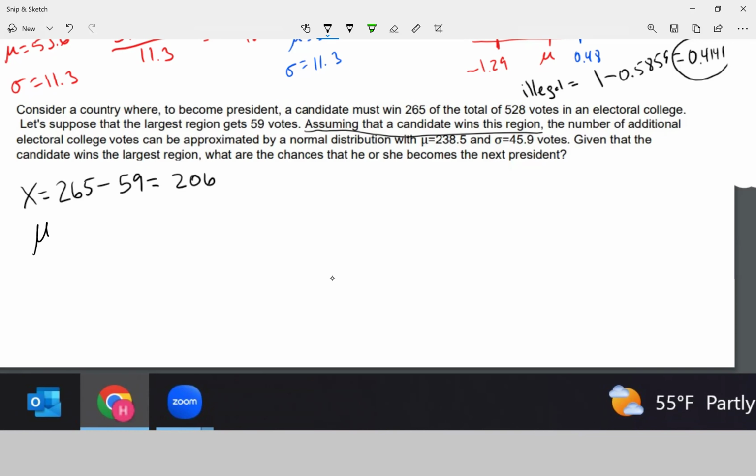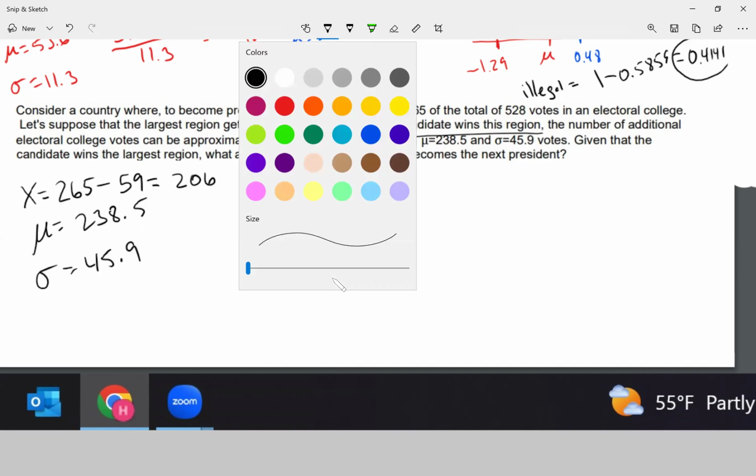My average, or the average of the votes, is 238.5. And the standard deviation is 45.9. Okay, what's the probability that this president wins? So I'm just going to look for my z-score first.